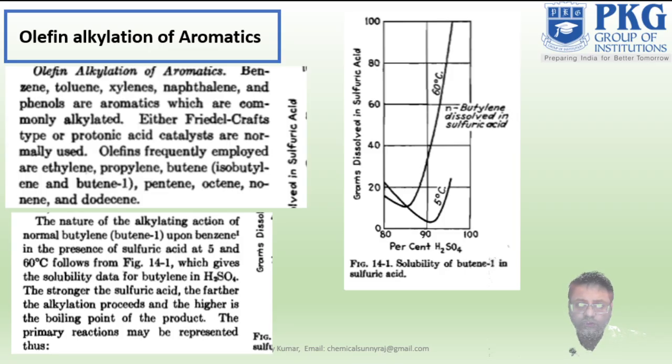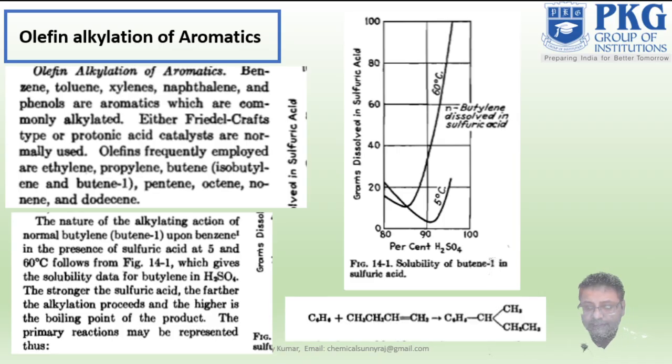This is butyl dissolved in sulfuric acid, a solubility chart. The stronger the sulfuric acid, the further the alkylation proceeds, with a higher boiling point of the products. The primary reaction may be represented like this. So this is the reaction, the olefin alkylation of aromatics happening.